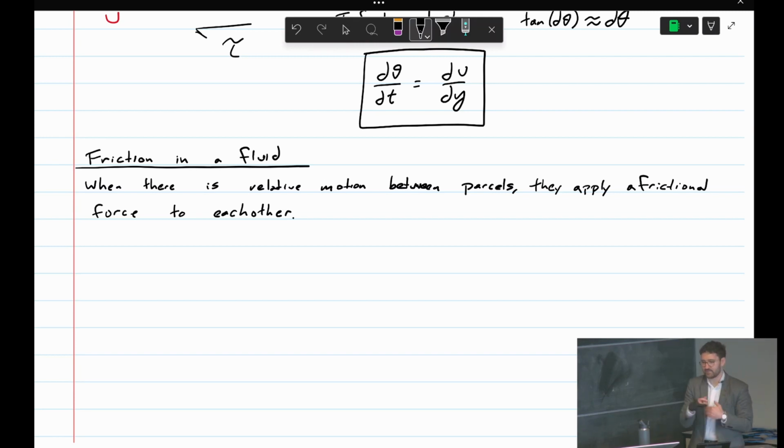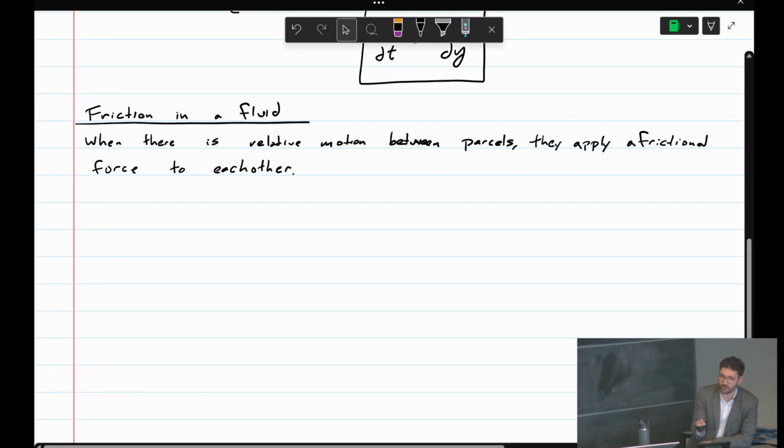So that frictional force is a shear force, just like how when you have something on an inclined ramp, I'm sure you're tired of seeing those problems at this point in your degree, but an inclined ramp, something's resting on it, the frictional force is kind of a shear. It's parallel to that surface. So that frictional force is a shear force.